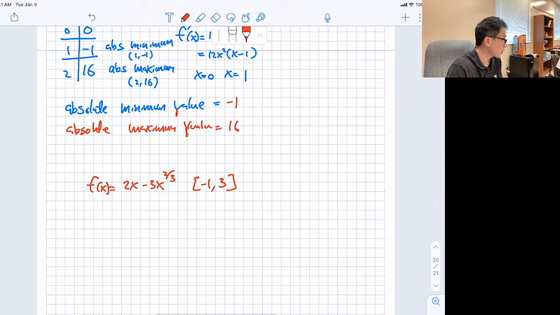I don't need you to find the absolute maximum and minimum, I just want you to find the critical numbers on this one. It turns out there are some small things we do need to talk about.